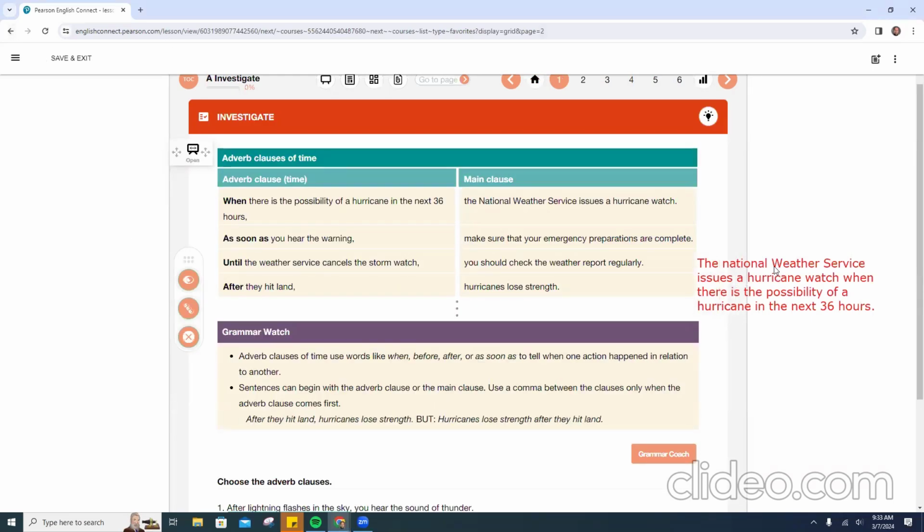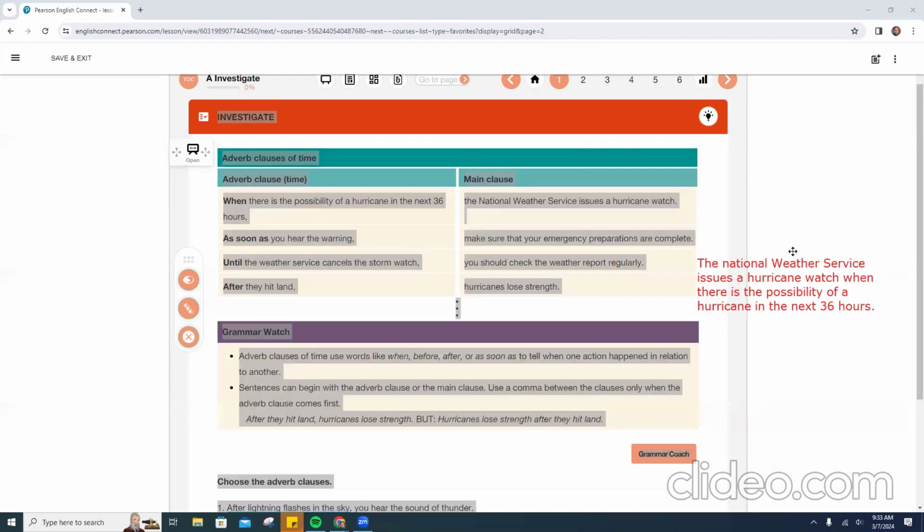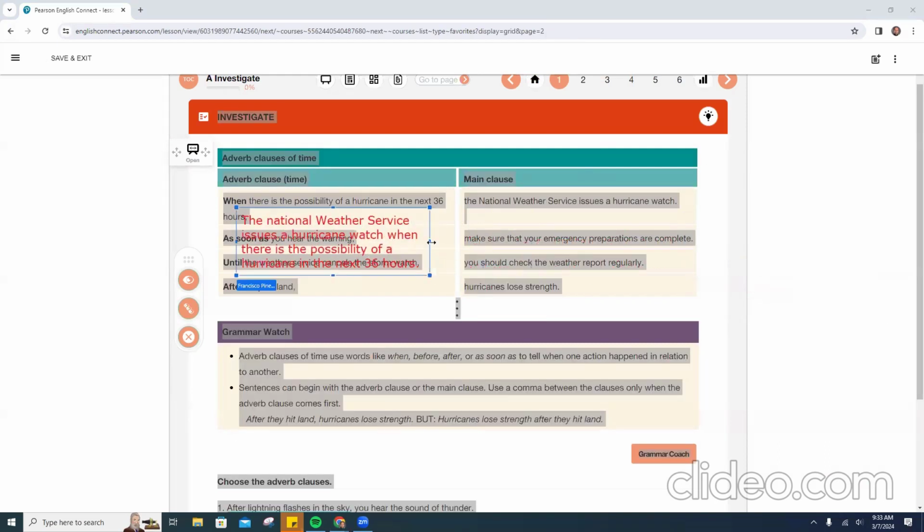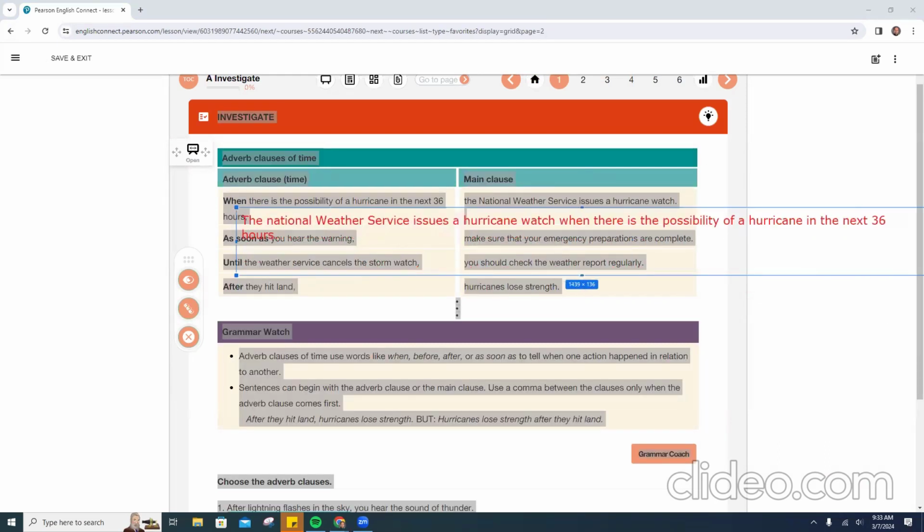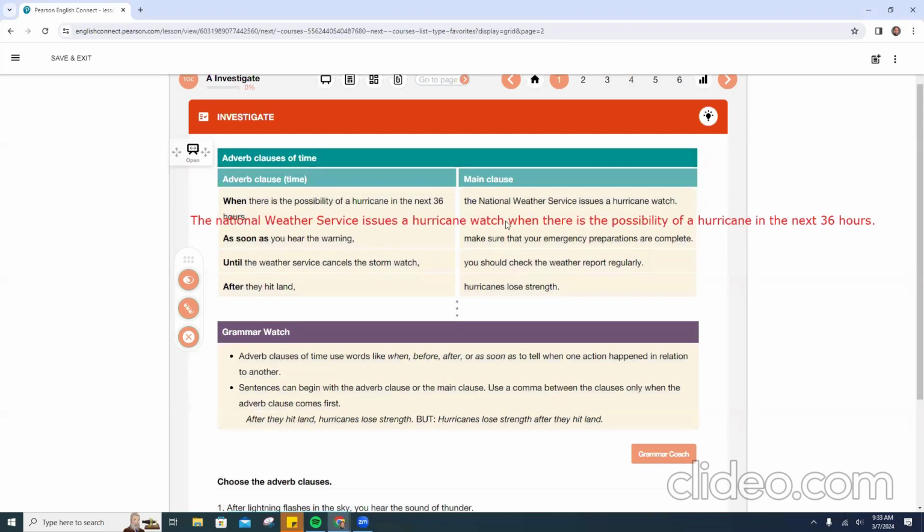Okay. So if we see this example here, you could see the big difference. The National Weather Service issues a hurricane watch when there is the possibility of a hurricane in the next 36 hours.